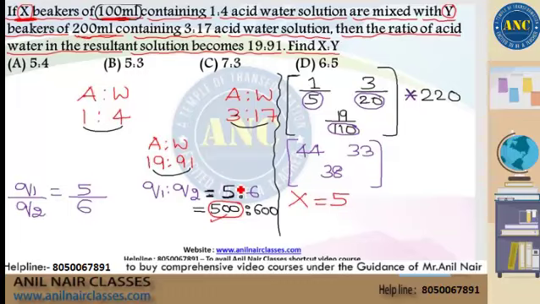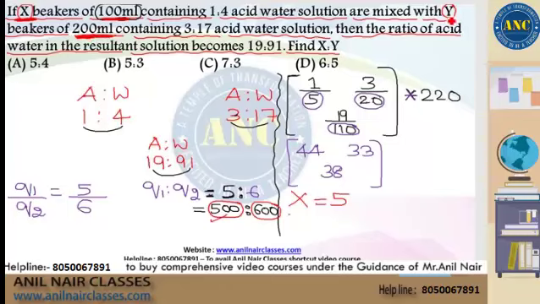Similarly, in the second variety, totally 600 ml is present right now. Each can in the second variety has a capacity of 200 ml. That means every can contains 200 ml, and totally you have 600 ml.